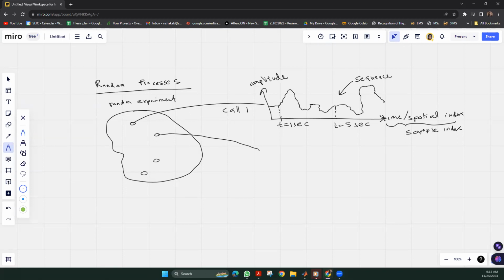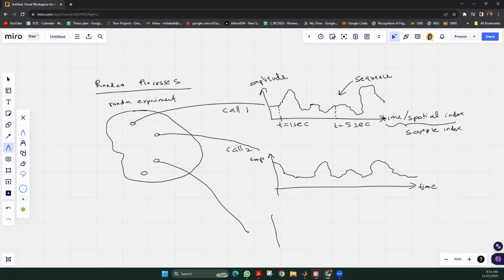If we consider the second instance where we have another call, call number 2 will have different variations in the signal strength, which is very different from the first call, right? It can be a different value that we receive at each time instance when we compare with the first signal. So some kind of a random signal will be received, also against time.